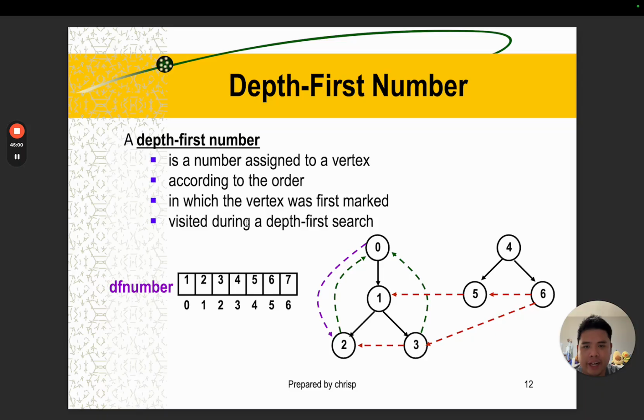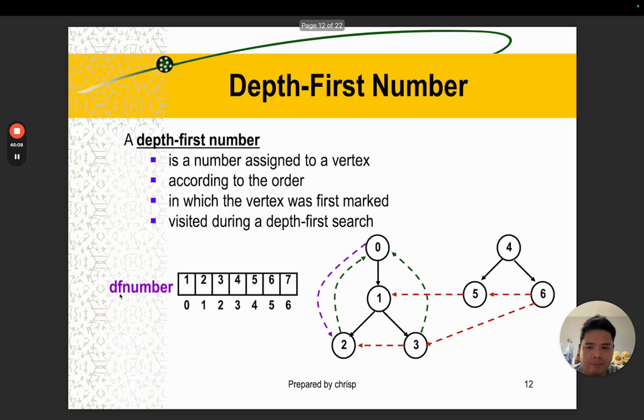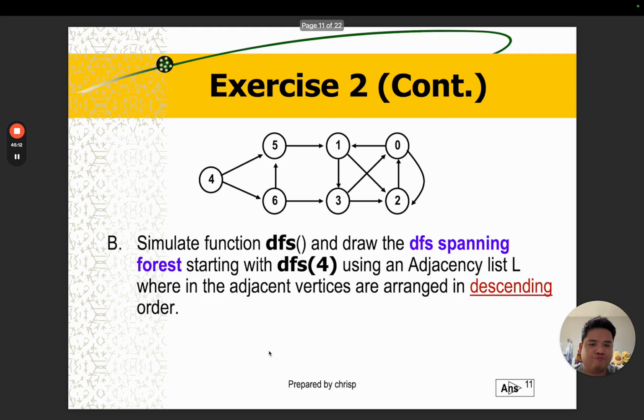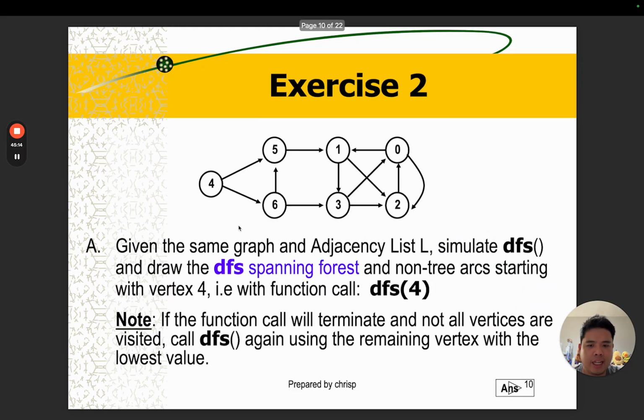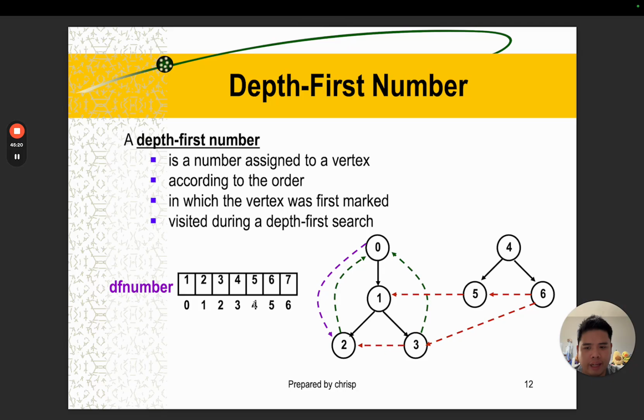So for example, in this specific exercise, let's say I visited 4 first. That means in my DF number, 4 should be 1. In my drawing here, I visited 4 first, then I visited 5 next. So in my DF number, this should be 1, this should be 2.